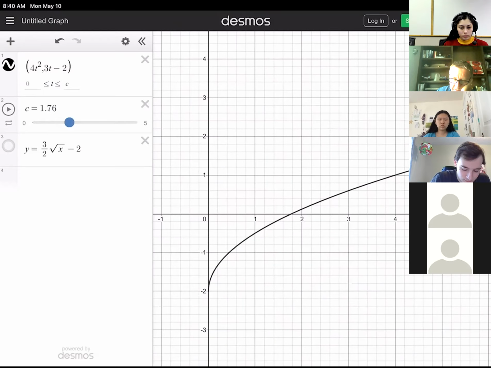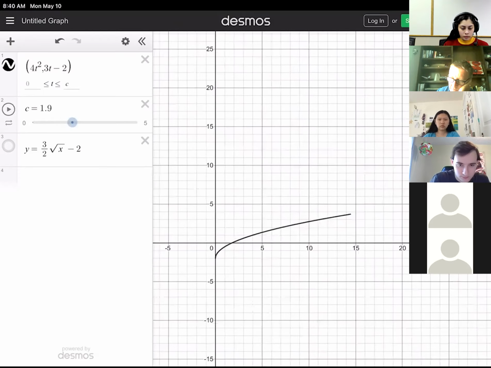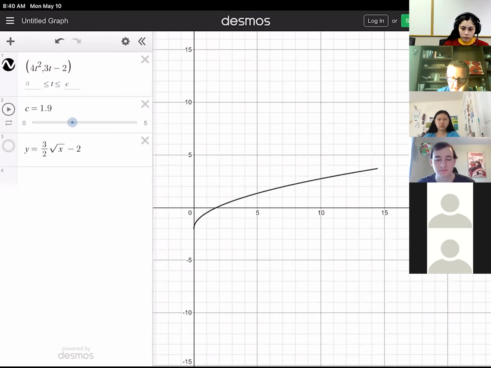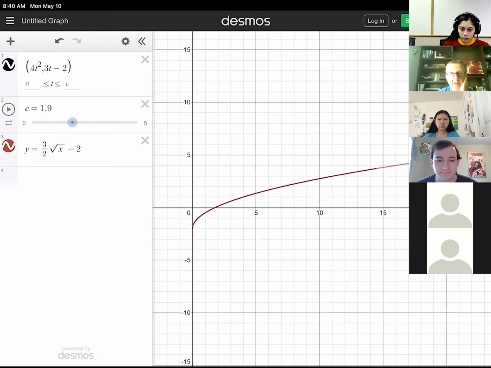So if I take it out to say, I don't know, 1.9, since I stopped right there, notice the graph doesn't just keep going. But the red graph does, it goes forever because it's assumed x is everything, right? X can't be negative because you can't take the square root of a negative, but it's everywhere it can possibly be. So the graph goes forever, whereas the black graph does not go forever. It stops when you stop the time.